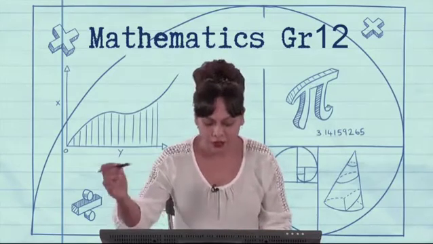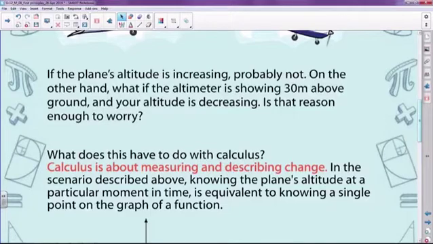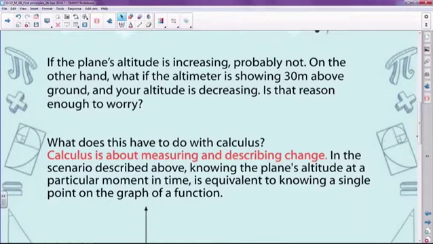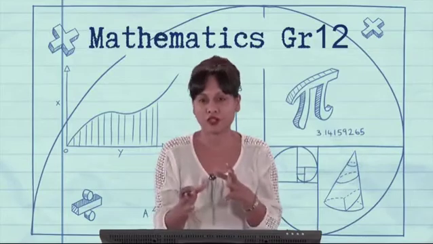So now you might be asking, well, what does this have to do with calculus? The point that I'm trying to make is that the plane's altitude alone isn't enough information to determine whether or not there's reason for concern. If we just have the height above the ground, it's not enough information.